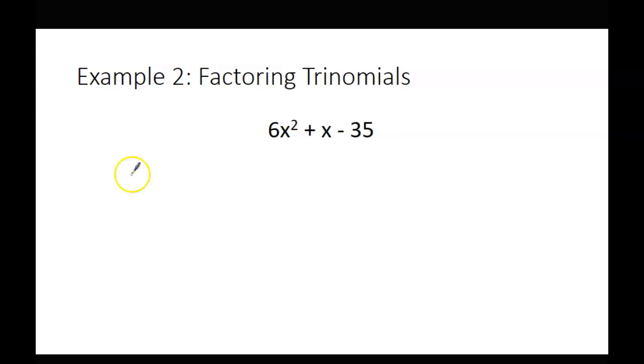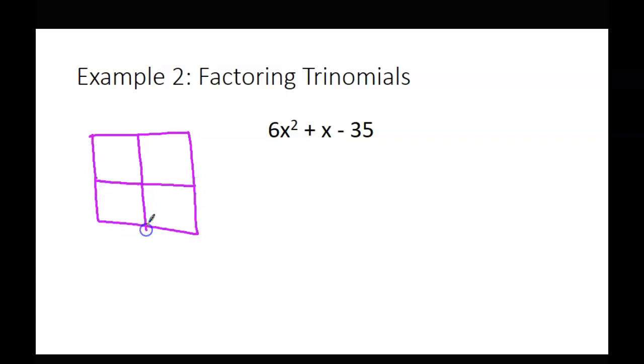Okay, so I like the box method. And with the box method, I think of it as the opposite of multiplication. So this is what we would have gotten by multiplying 2 things together, something here and another binomial here. And our job is to figure out what the heck those things are. But this was the result.